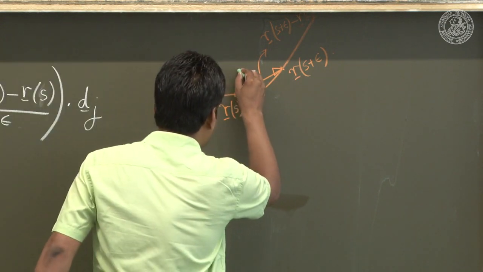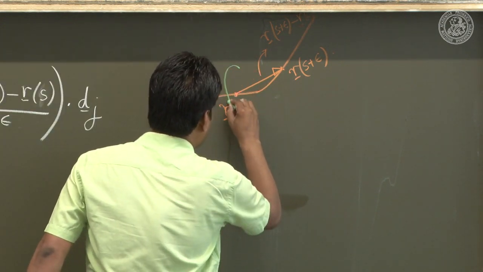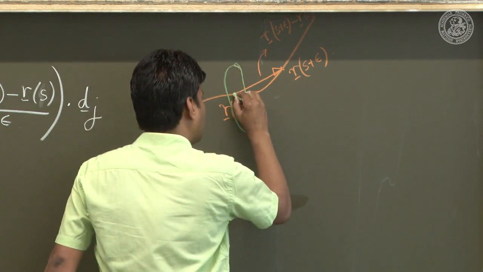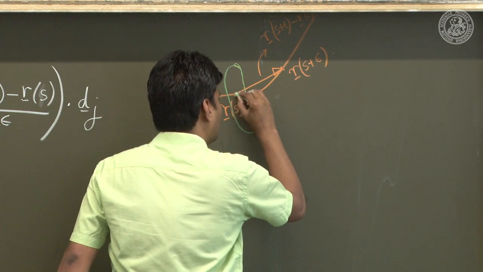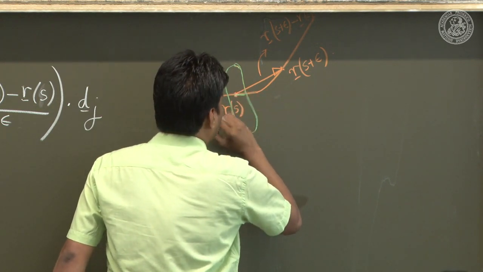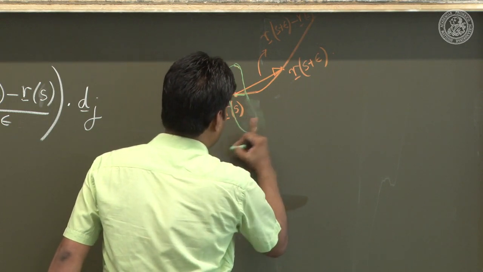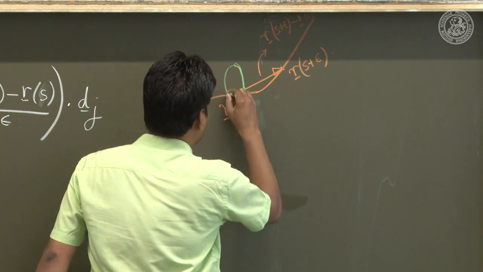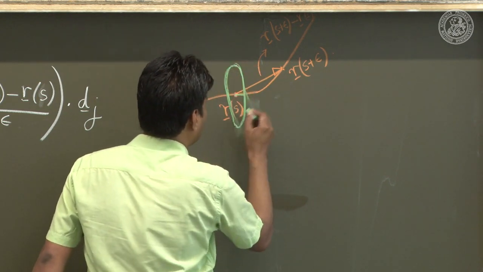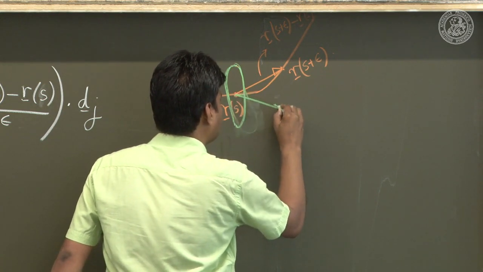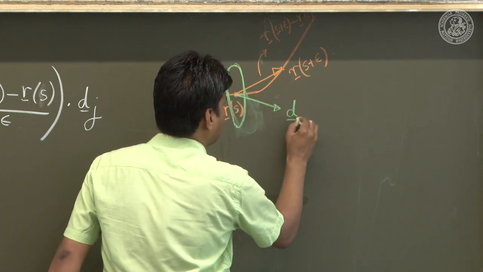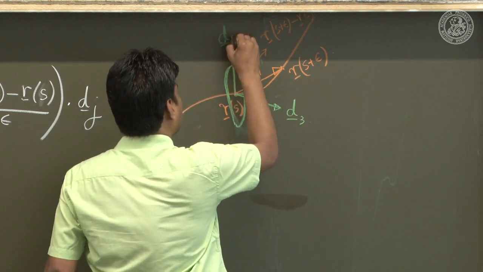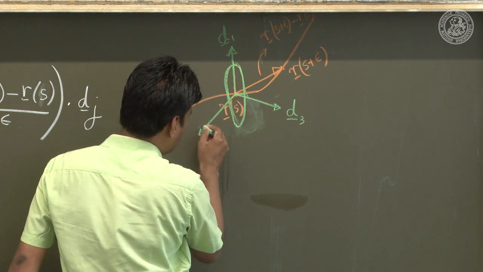Then we think of the cross section here, and its normal is like this, D3, that's your D1, and that's your D2.